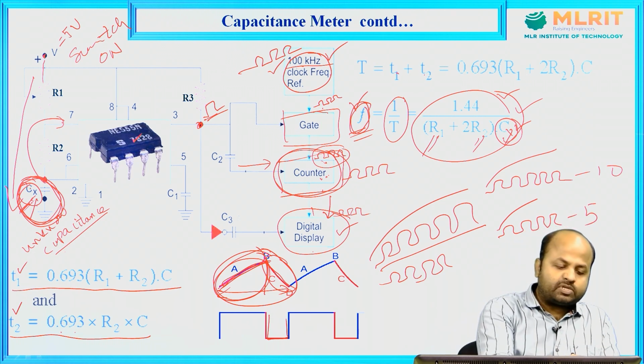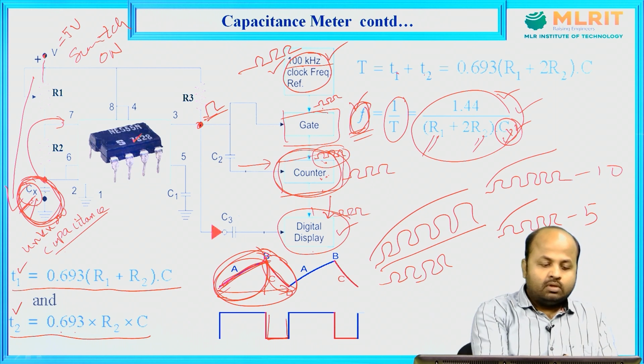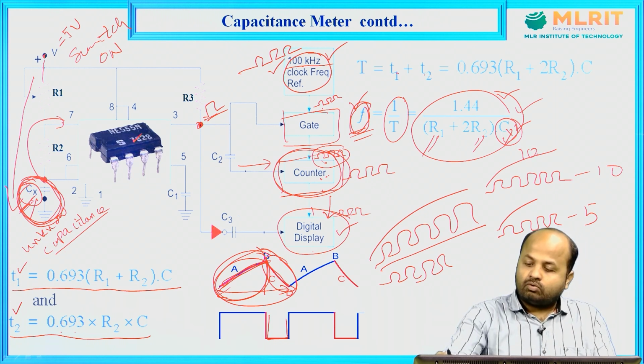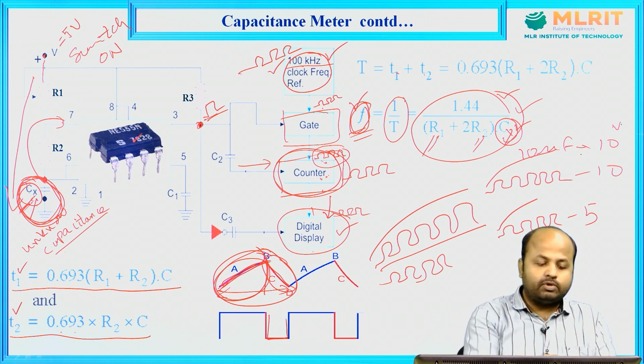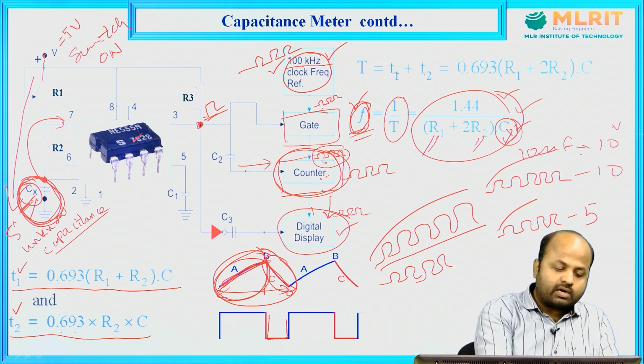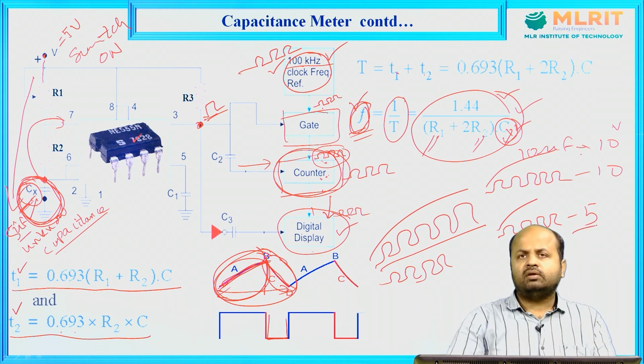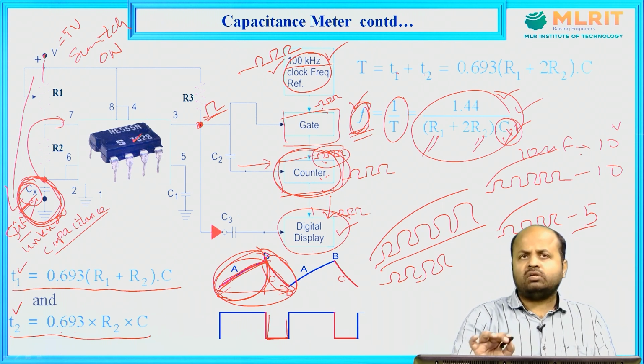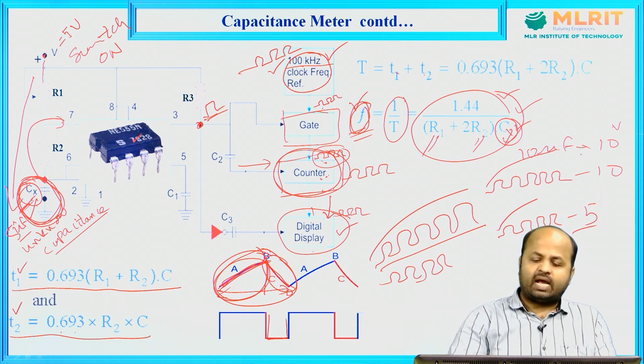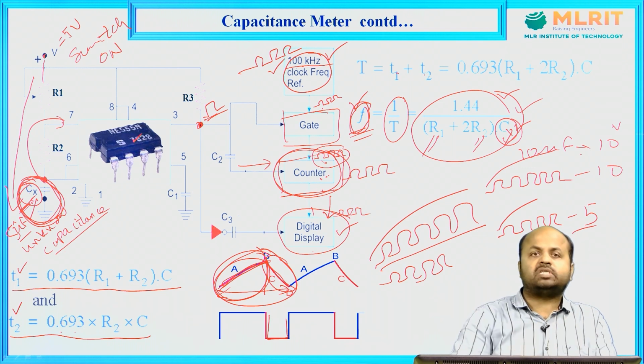So if the capacitance value is 10 microfarad, you get 10 on the display. If it is 5 microfarad, you get 5 on the display. So the counter is counting the pulses, and it depends on the capacitance value.